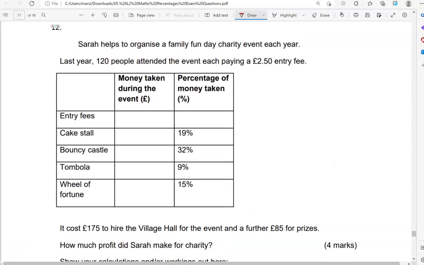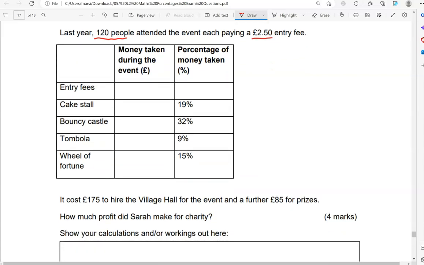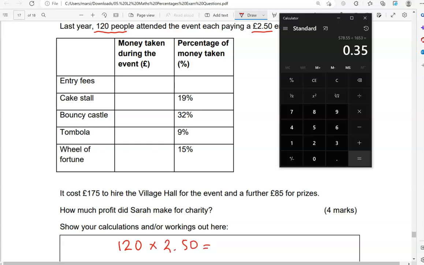So we've got 120 people who attended and they each paid £2.50. So if we multiply 120 by £2.50, that should give us how much money came from the tickets, entry fees.